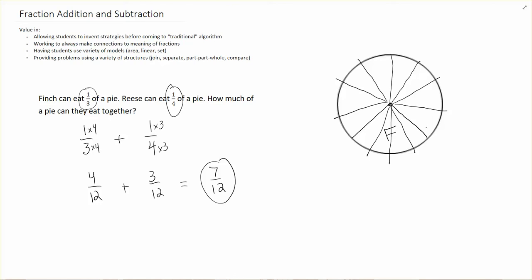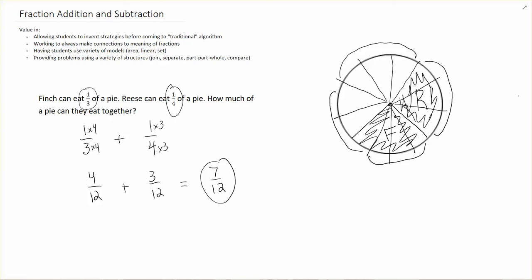And now I've got a place where I can think about how 3 of these together would make 1/4 of my pie, because I've got 4 groups of 3 of them. And so Finch is eating 4 of these slices here, and Reese could eat 3 of them. We'll put an R here for Reese.